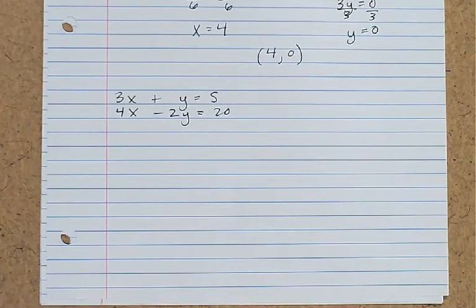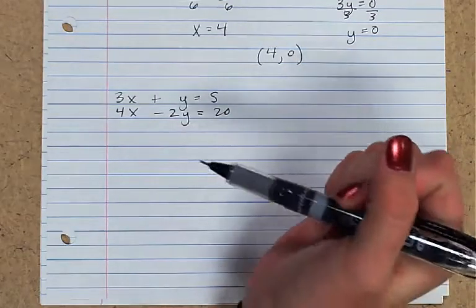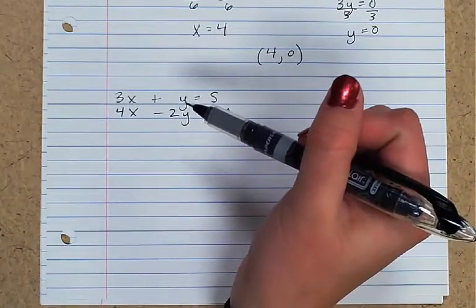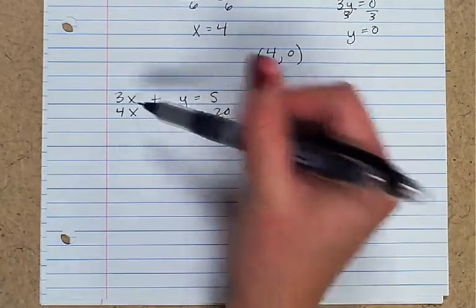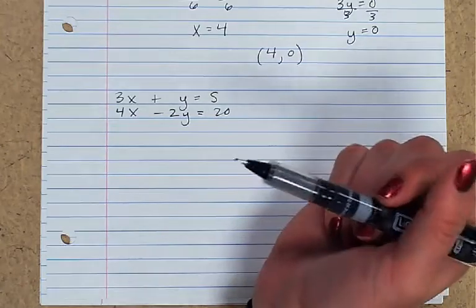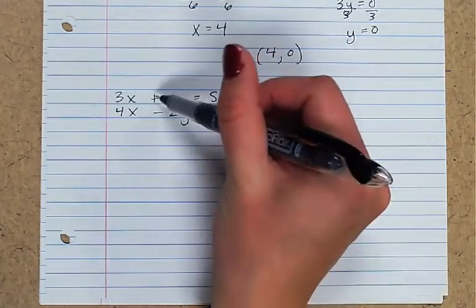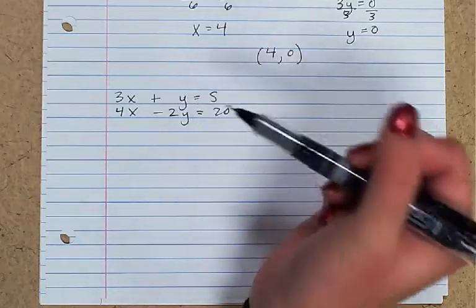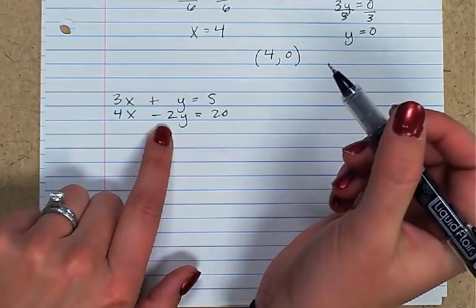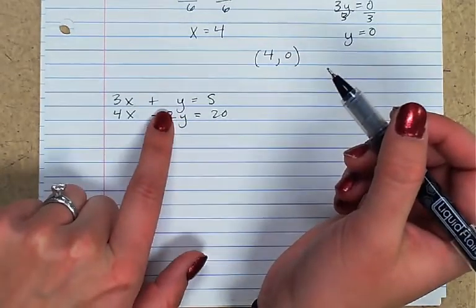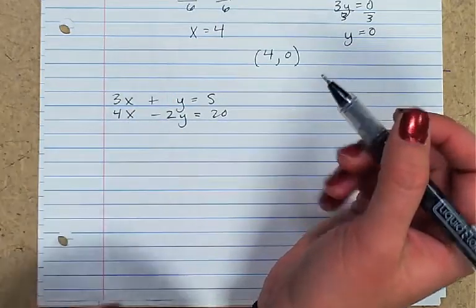So what we can do is multiply an entire equation so that you have additive inverses. You can choose to cancel out the x's or the y's. When I look at this one, it's going to be easier to cancel out the y's because this is just a positive y. So if this one down here is negative 2y, we need this one to be a positive 2y so that when we add them, they cancel.